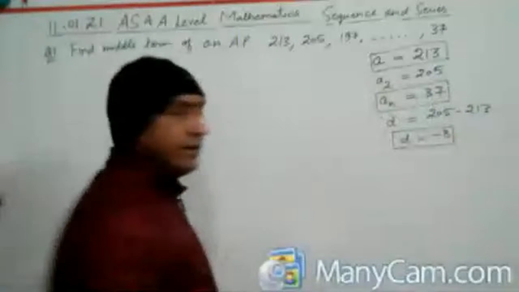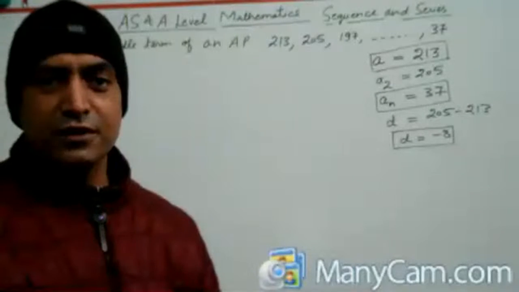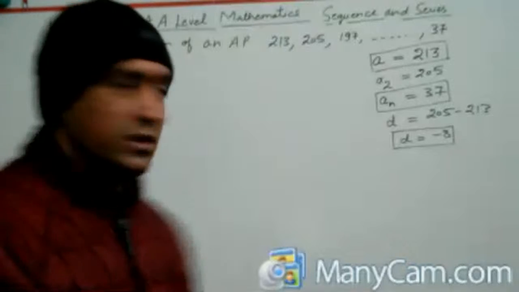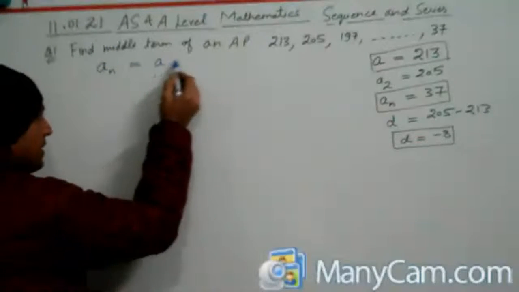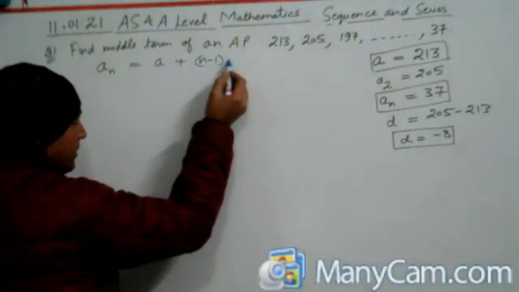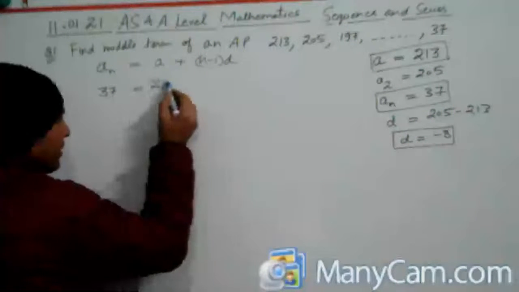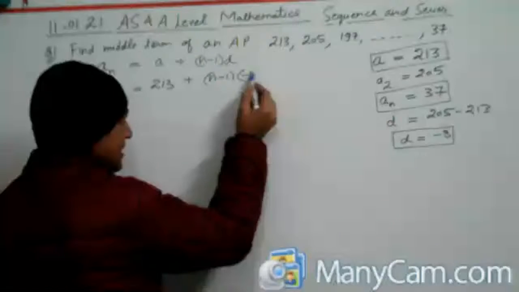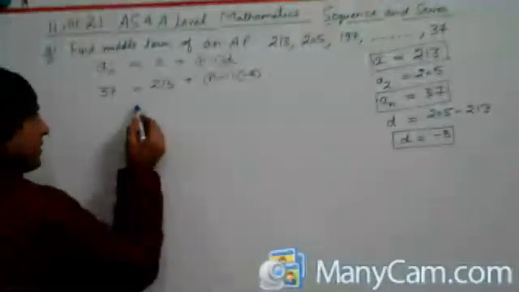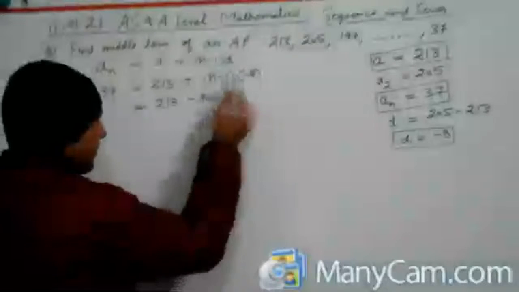So we want to find the middlemost term. To find it, first we need to find the value of n. How many terms are there in this sequence? To find n, we can use the formula a_n equals a plus (n minus 1) times d. So 37 equals 213 plus (n minus 1) times (minus 8), which is 213 minus 8n plus 8.